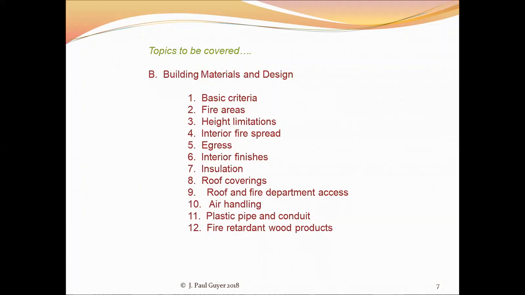Another important consideration in building design is roof and fire department access. And this is for purposes of extinguishing the fire. Now, there are two fundamental ways that a fire gets extinguished. There may be an automatic fire extinguishing system in the building.